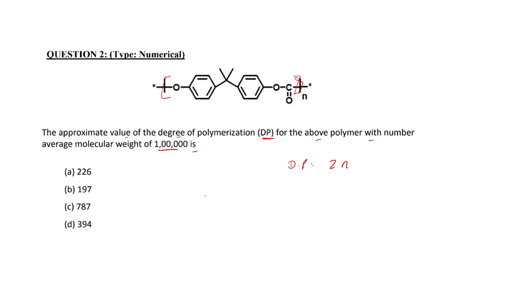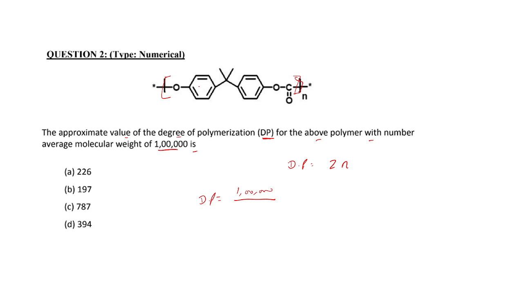DP can be found simply by total molecular weight divided by the molecular weight of one unit, one monomer or one repeating unit.